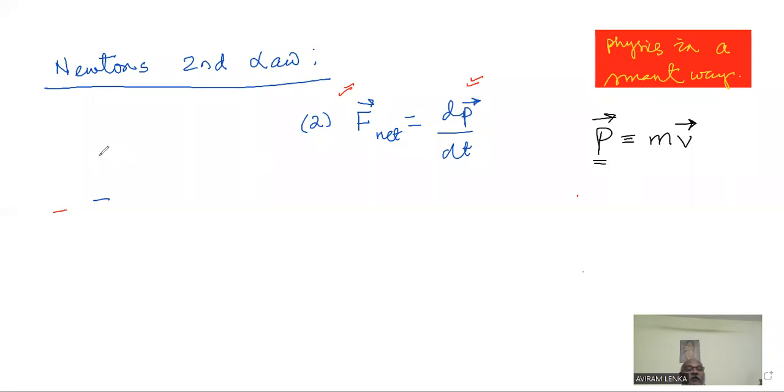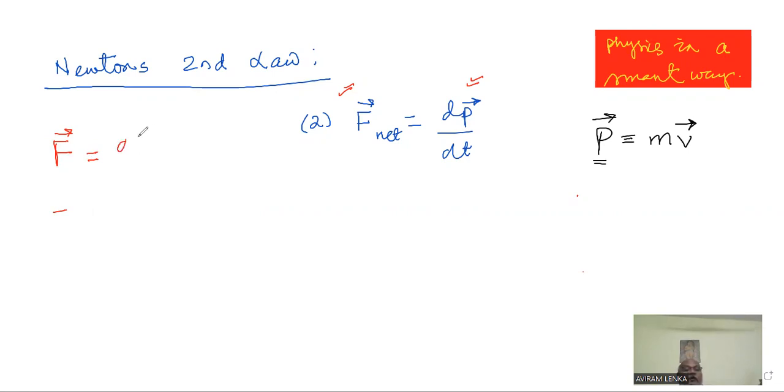So once you say F net equals this much, I just write F only because we don't have the patience and space to write all those things. When I say F, it is to mean the external net force.